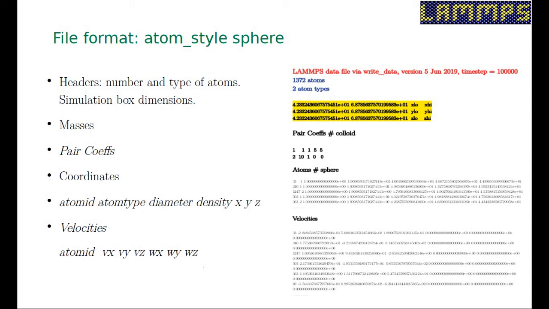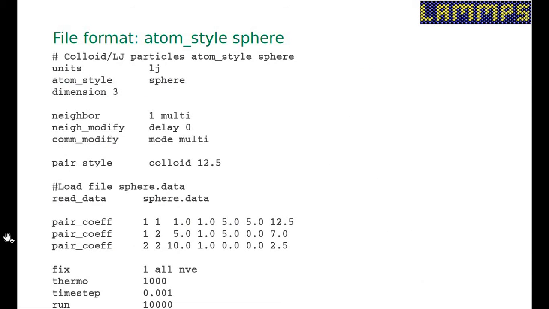Recall that the sphere particles have structure, so we have angular velocity because the particle rotates when receiving torques. Okay, file format for atom style sphere.